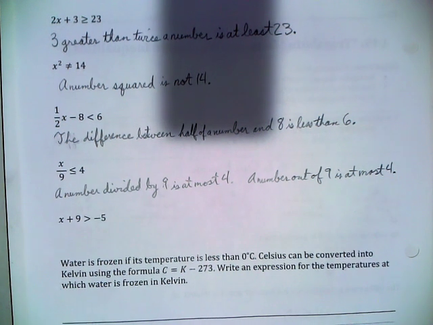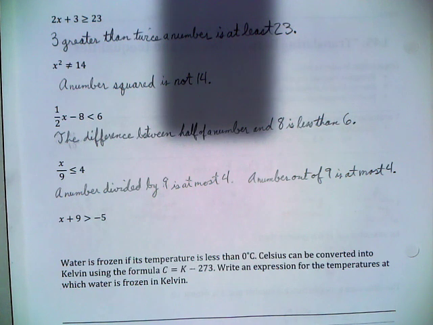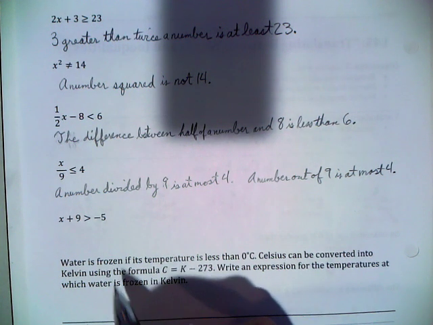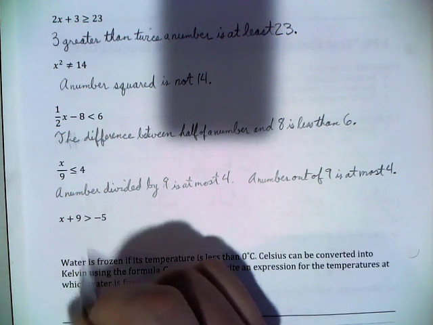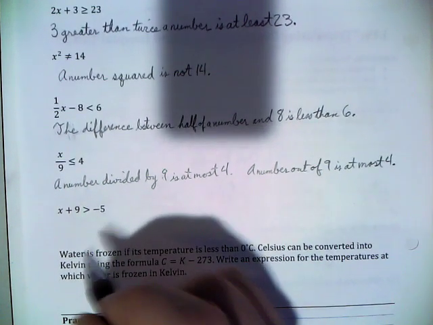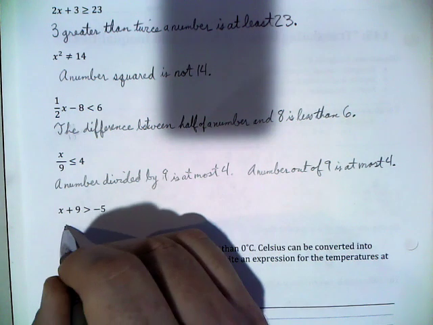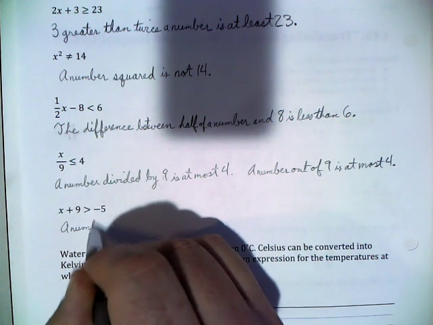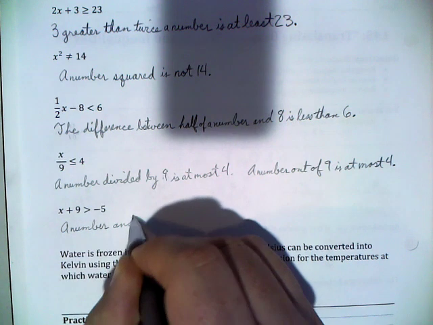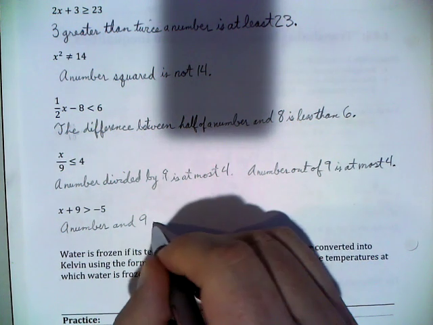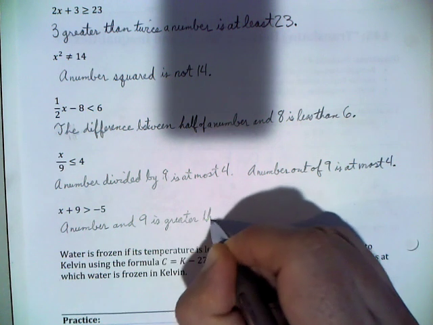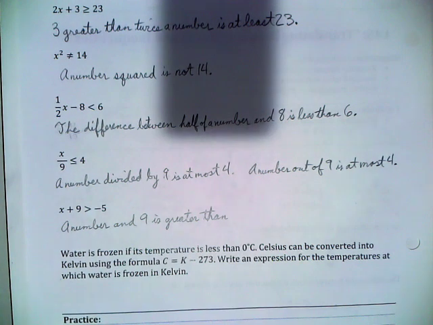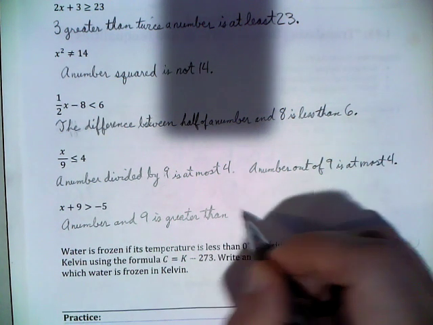And so finally, the last one here, we have x plus 9 is greater than negative 5. So this one I'm going to throw you for an extra loop. So I'm going to say a number and 9 is greater than, and when you look at negative 5, I could just say negative 5, or we could say what that actually means.